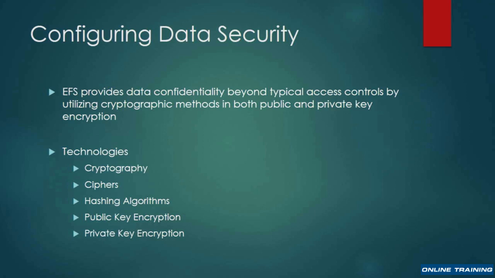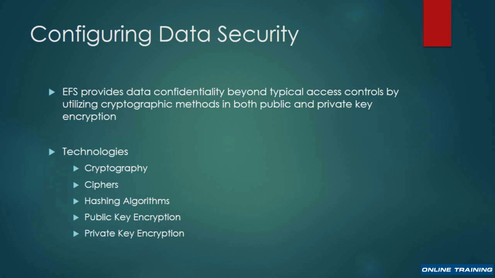It is a mechanism that goes beyond typical access controls and utilizes cryptographic methods using both public and private key encryption. Public and private key encryption. Now, private key encryption is also called symmetric encryption, and that just means that the same key is used to both encrypt and decrypt the data.